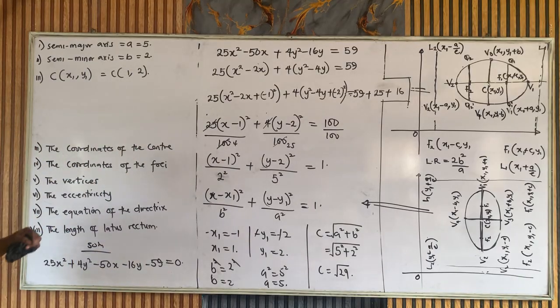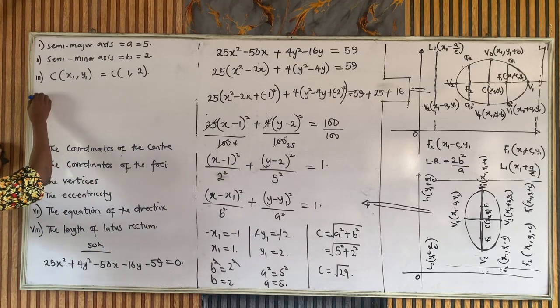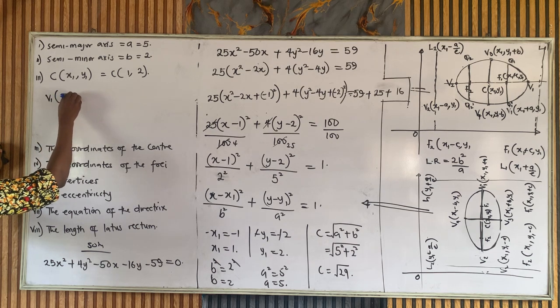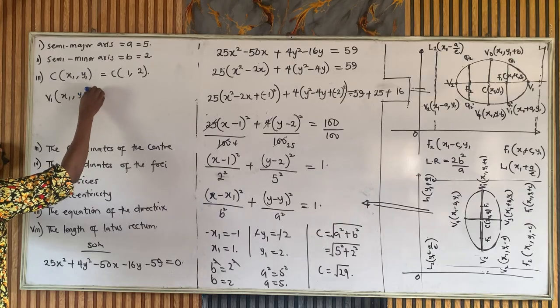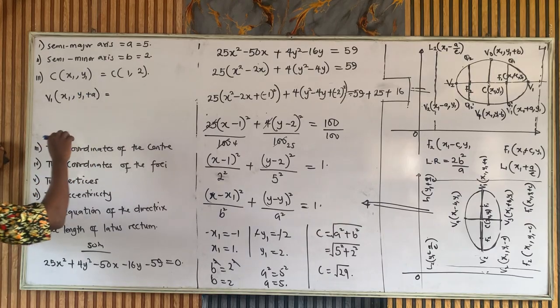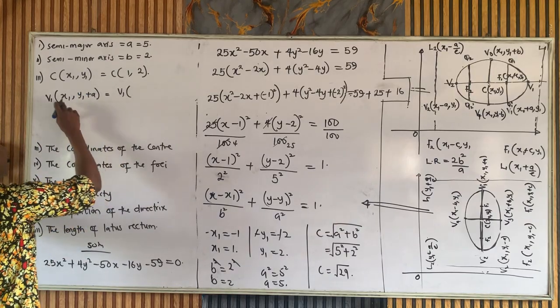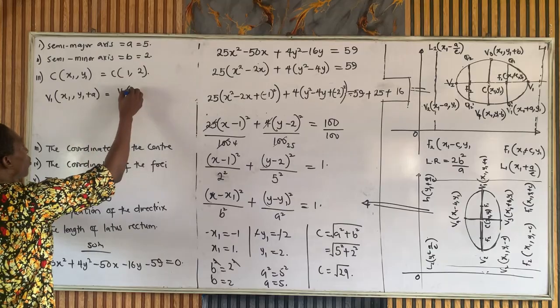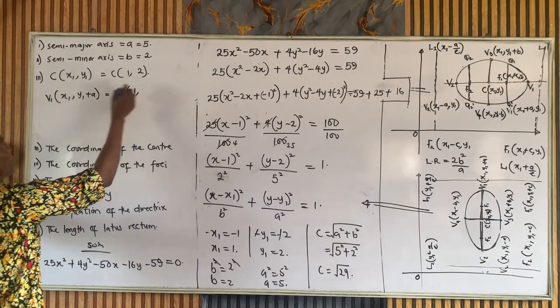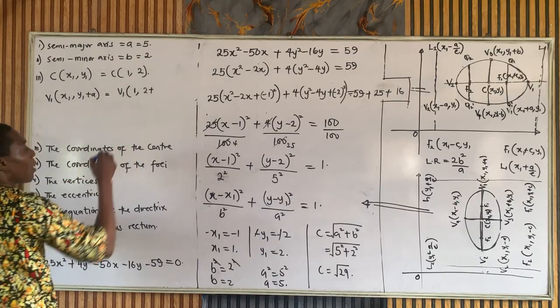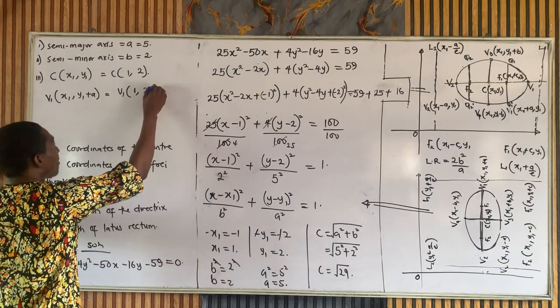Next is the vertices. We have our v1, which is x1, y1 plus a. That's our v1, and that will be, our x1 we say is 1, y1 we say is 2, plus our a. Our a here is 5.